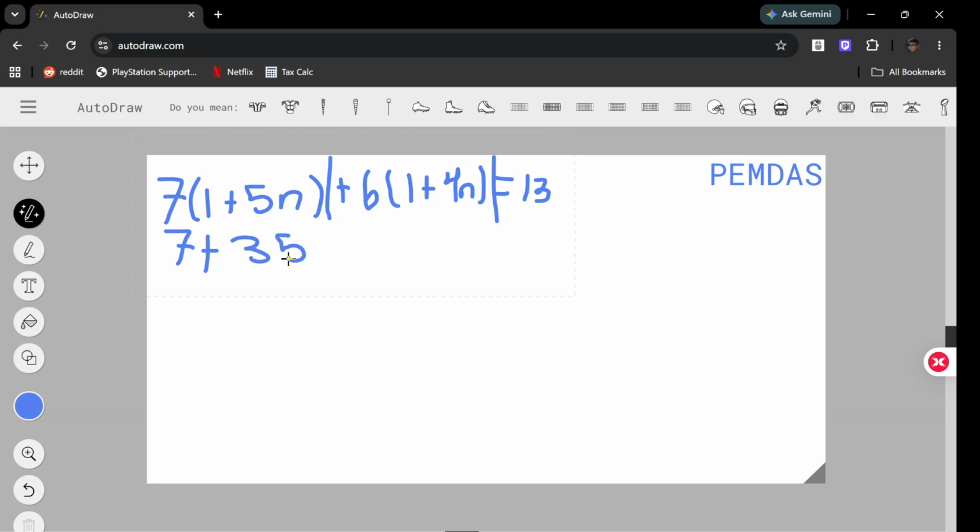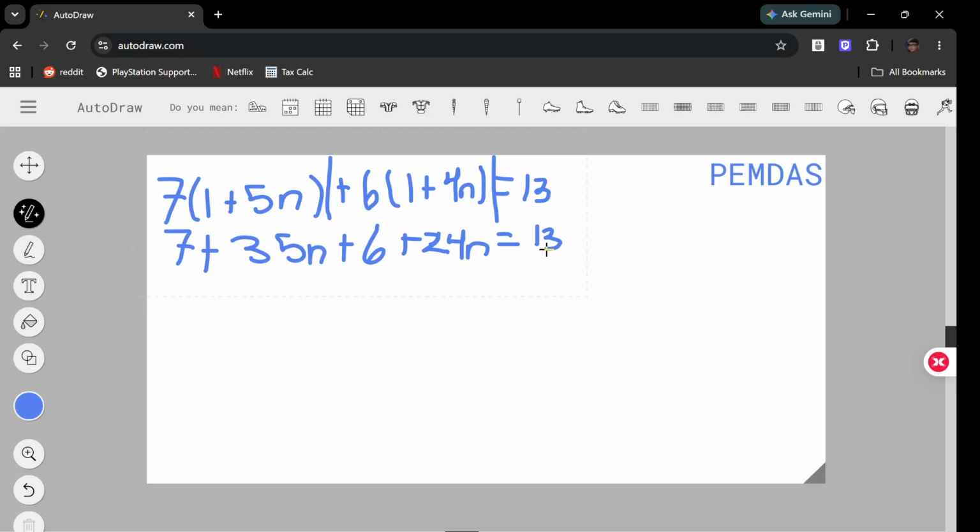So 35n plus 6 times 1, well, that's just 6, plus 4n. We know that to be 24n, equals 13.